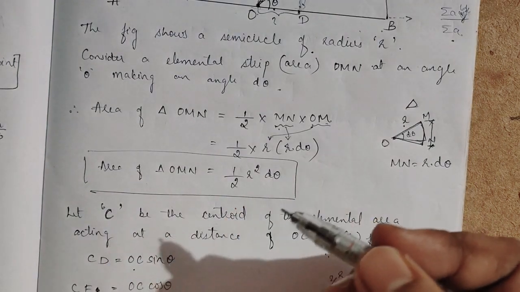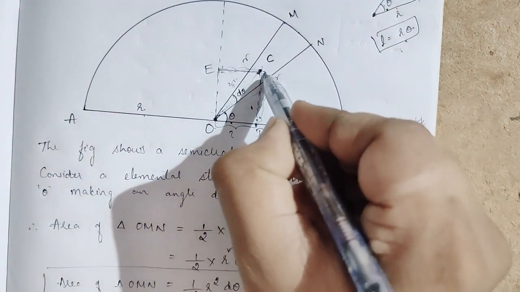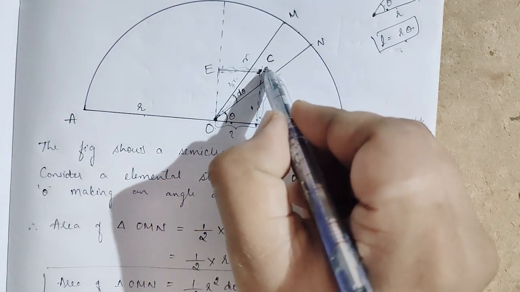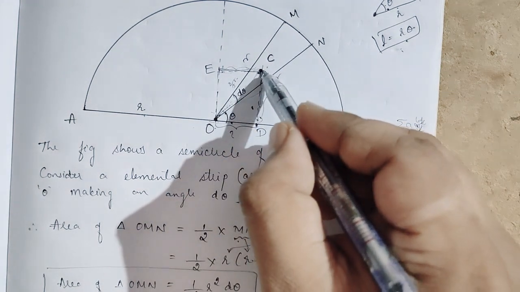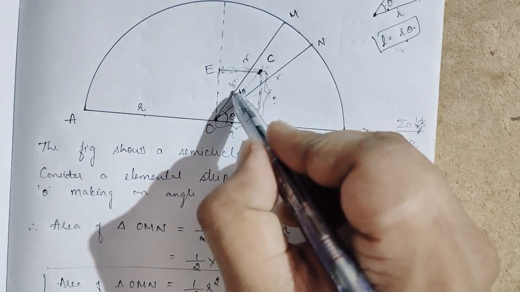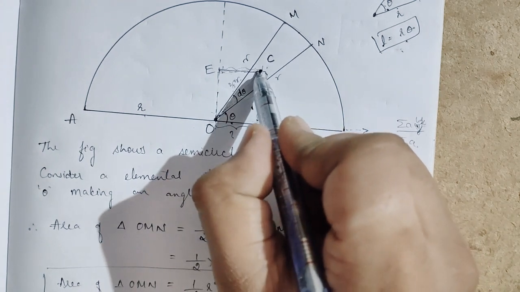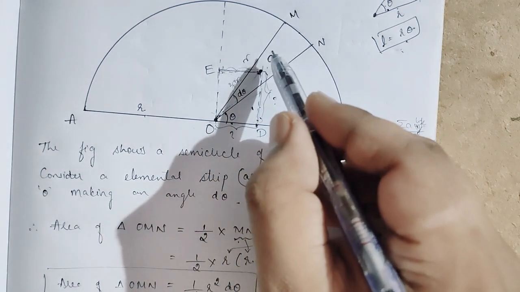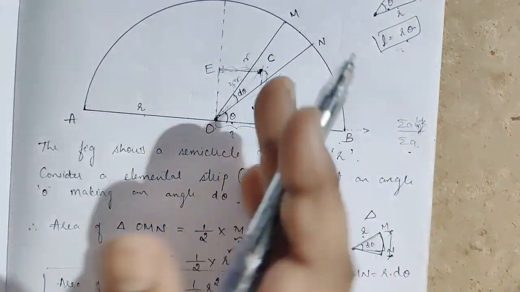Once I assume that as a triangle, for this elemental strip C is the centroid. When I consider C as the centroid, from the base or apex, I consider from the apex, it is 2 by 3 R. At a distance of 2 by 3 R, I consider C as the centroid of this elemental strip. This elemental strip is a part of this semicircle.